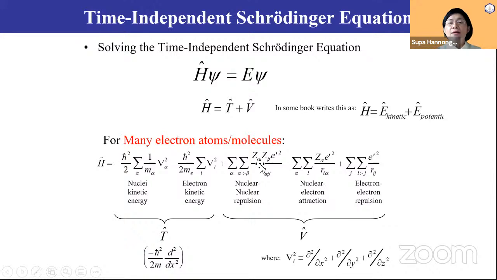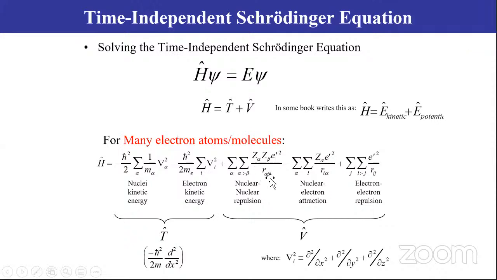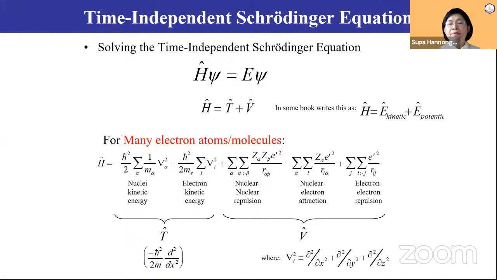So you obtain Z alpha e, Z beta e, and then Z alpha Z beta e squared divided by the distance between the two nuclei, alpha and beta.